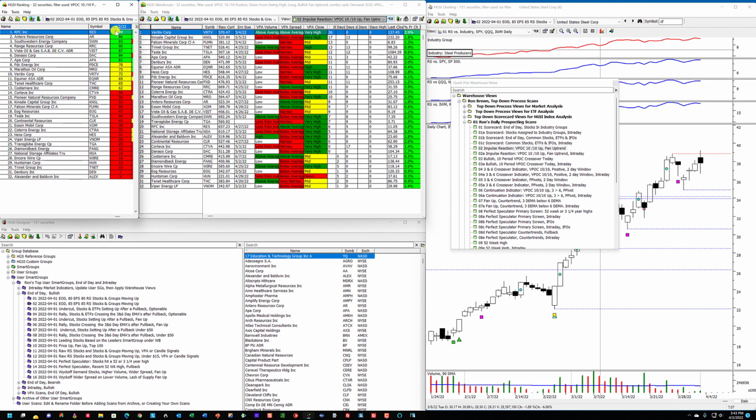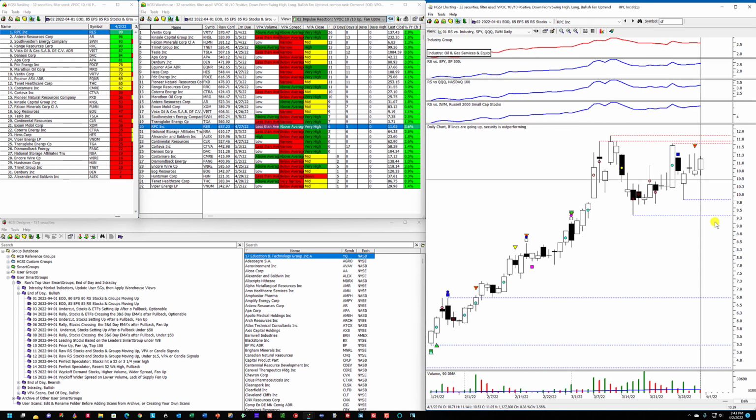I can flip this into the ranking module based upon Ian's slow. There are 32 stocks. I click on this one and it immediately shows me a strong stock which has pulled back slightly. That's what this scan does, impulse reaction.